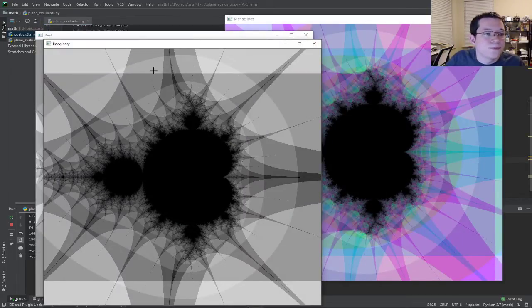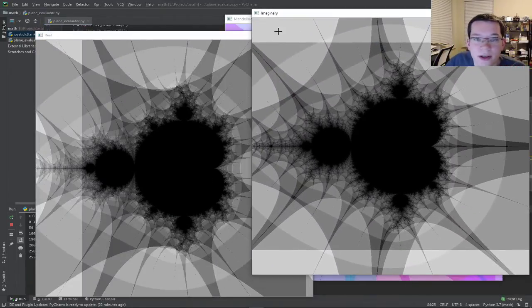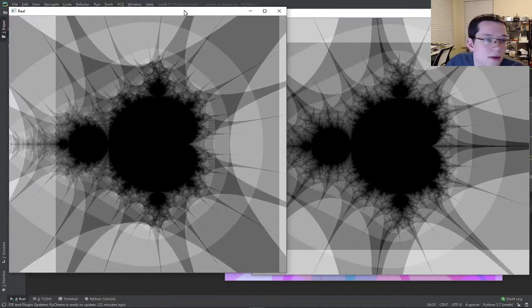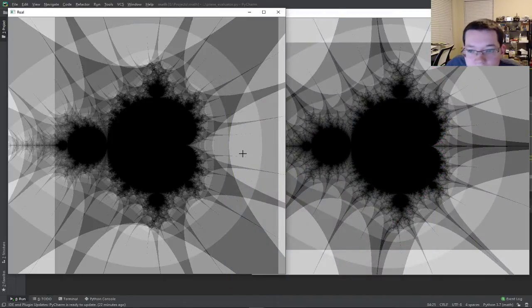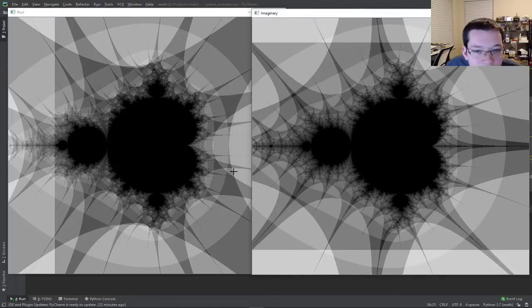There we go. So we have imaginary, real, and then the composite. And that's just kind of cool looking. I'm not sure what else to say about it.